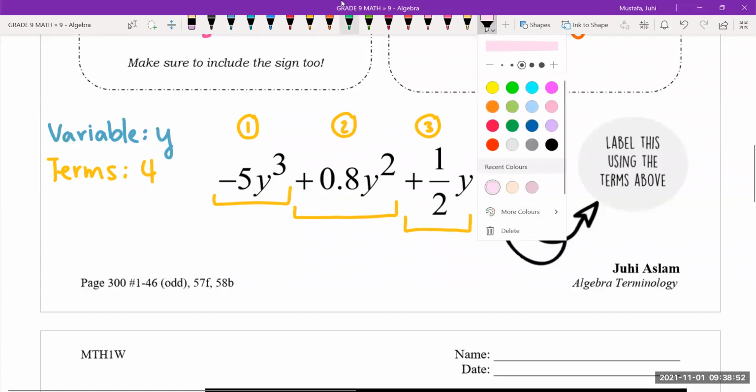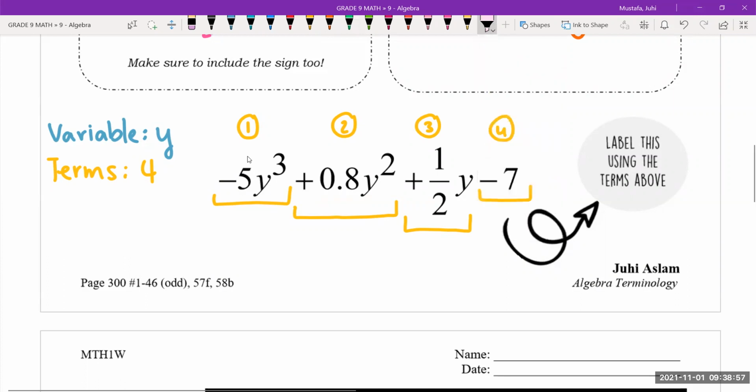Okay, so now I'm going to ask you, what is the coefficient in the first term? Good. I'm just going to highlight it so you guys can see. The first coefficient in the first term is negative 5. What is a coefficient? It's just the number in front of the letter.